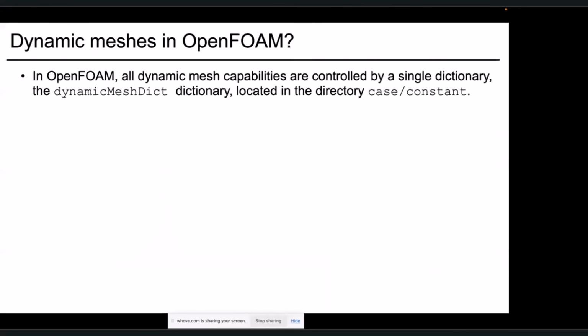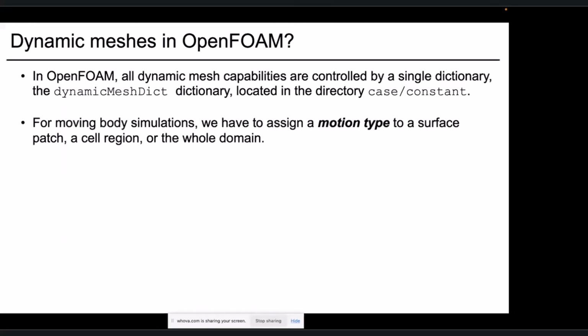So coming to the very first level of application, how do we implement this dynamic mesh motion strategy? As we all know, if we are beginners, we know that in our case, we have three different folders: zero, constant, and system. And within the constant folder, I will have a dynamic mesh dictionary within which I have to mention what type of dynamic meshing strategy I want to use.